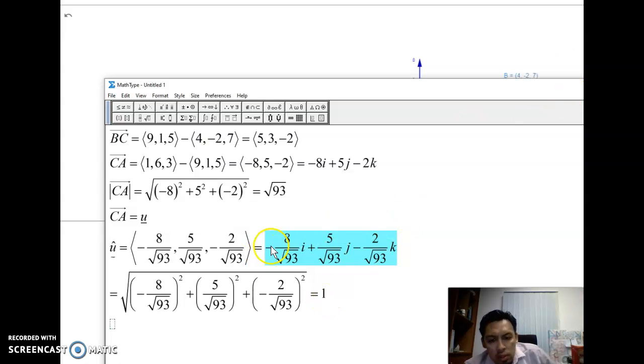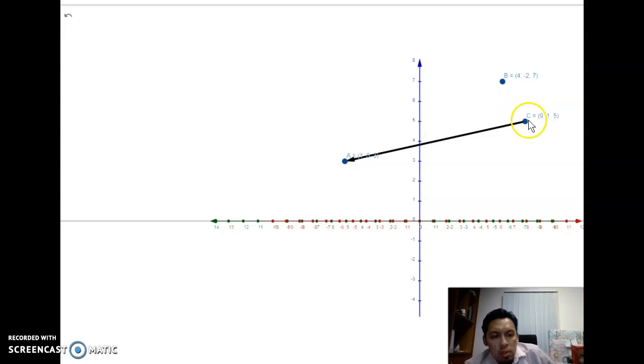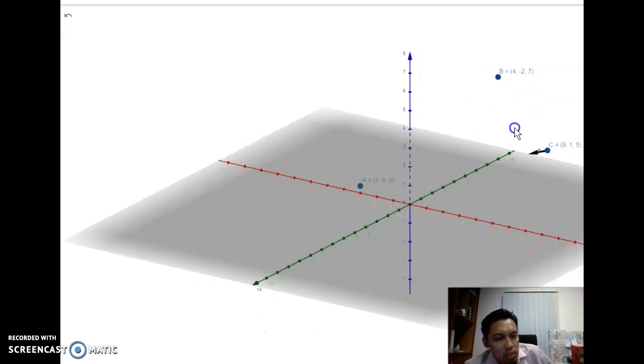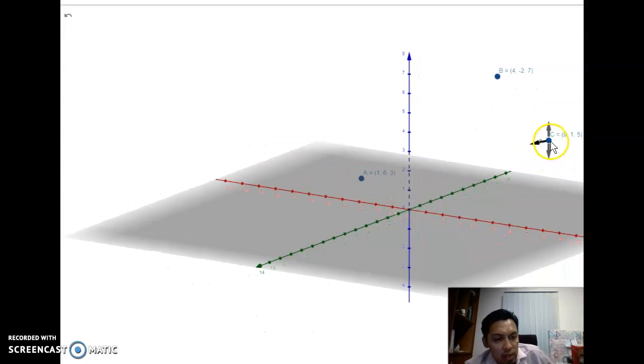Each of these values here is regarded as a unit vector component for x, y, and z. If you input it and calculate just like we did before, this is what you should get. The length will reduce to 1 like this. This is just how we show it graphically.